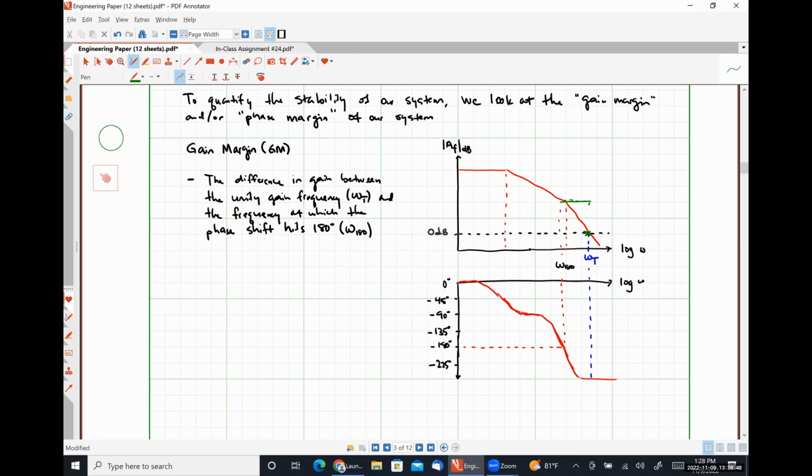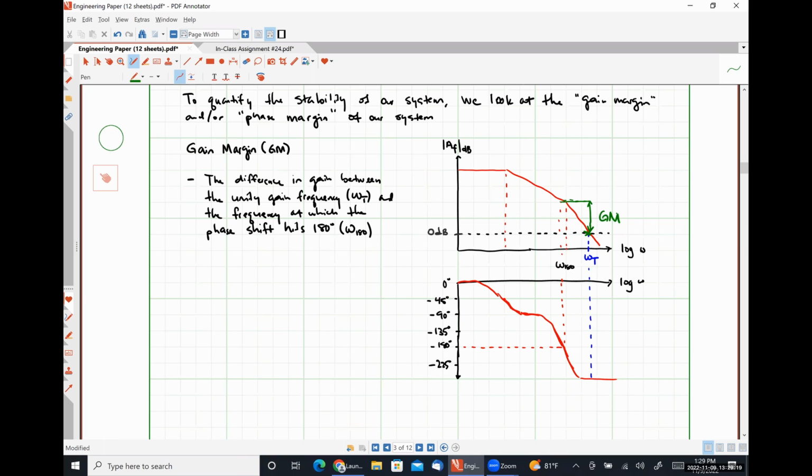And then some gain level here that occurs at omega 180. This difference is our gain margin. In this particular case, our gain margin is negative because it's the gain at omega t minus the gain at omega 180.